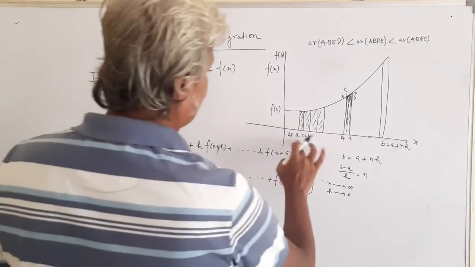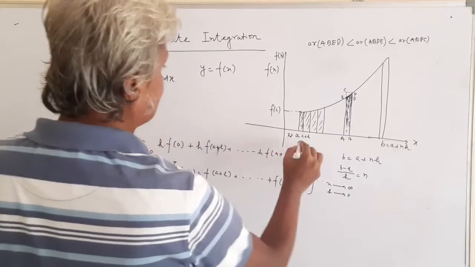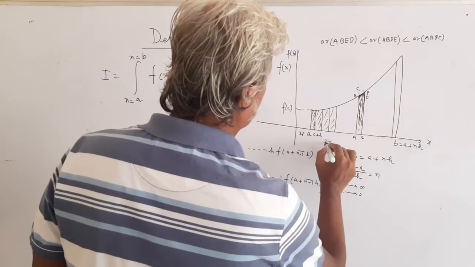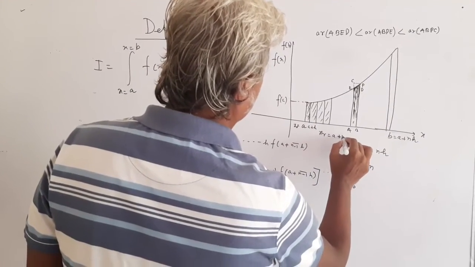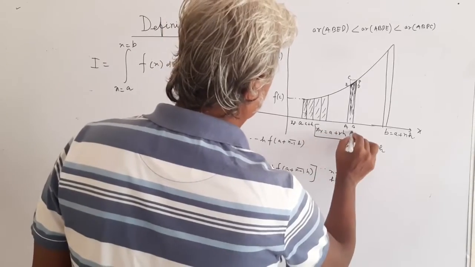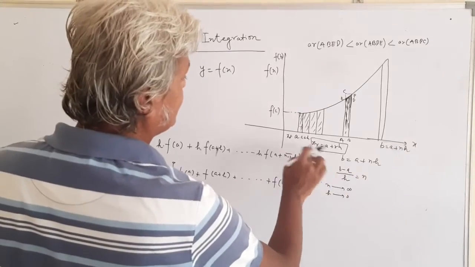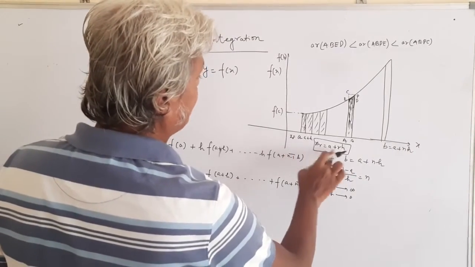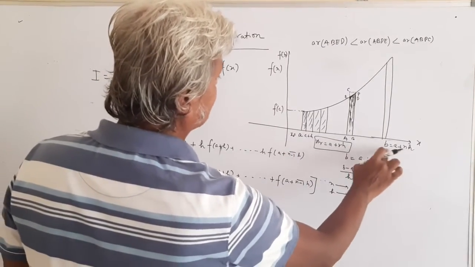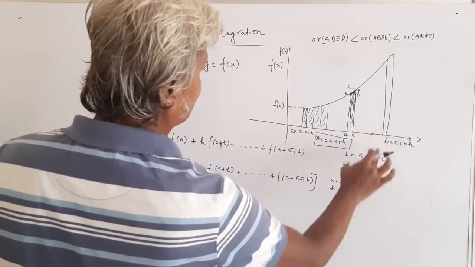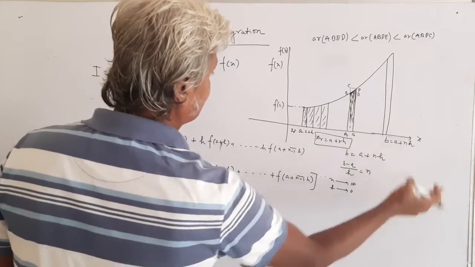If you have taken the strips like this, then XR, the rth strip, will be A plus RH. So XR is A plus RH, X0 is A plus 0H, Xn minus 1 is A plus n minus 1H, Xn is A plus nH, like that.